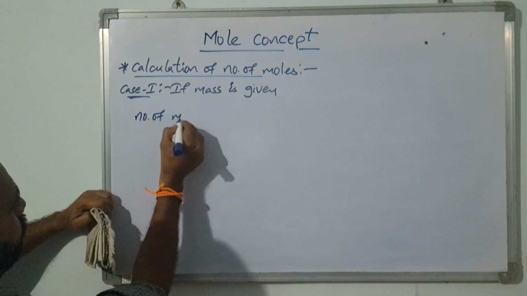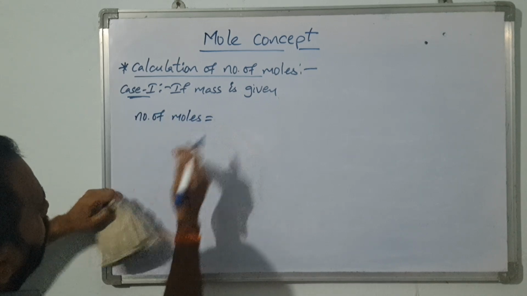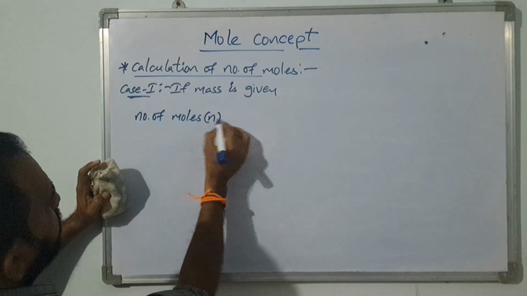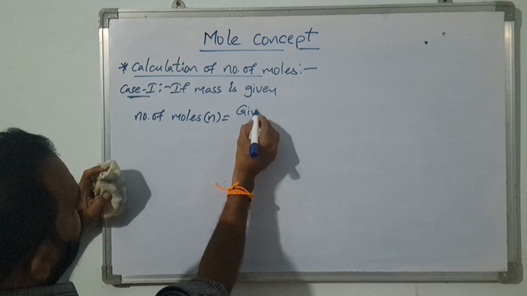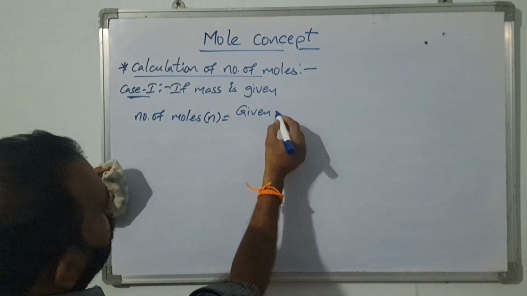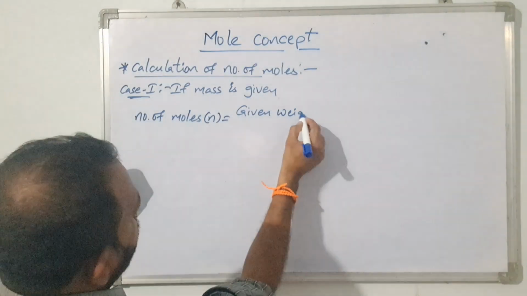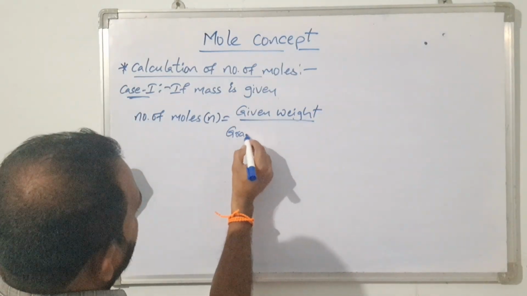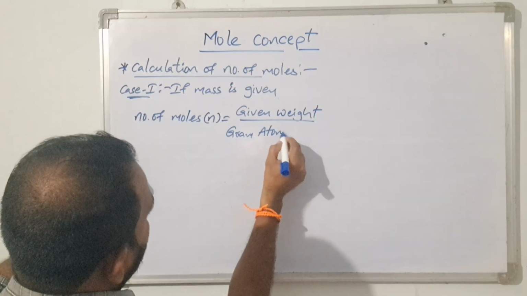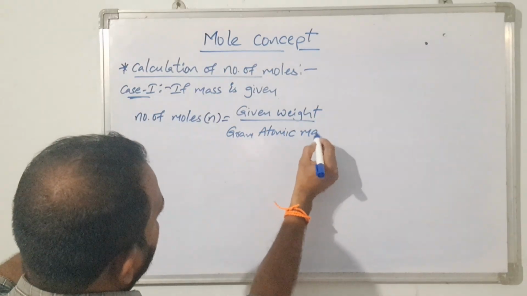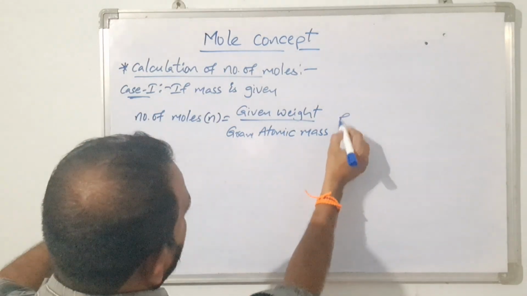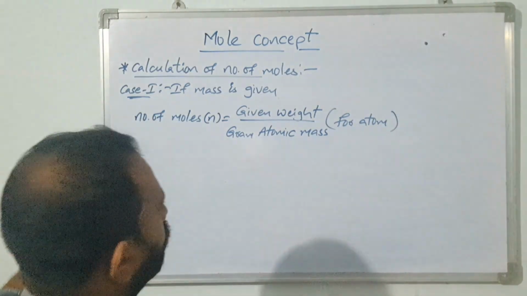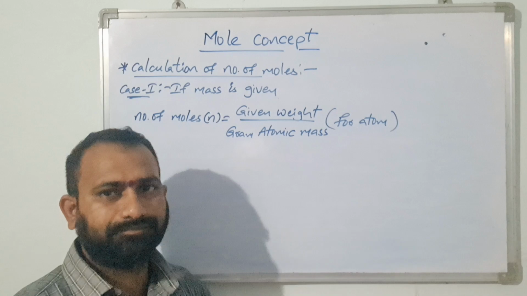The number of moles, denoted by small n, is equal to given mass or given weight divided by gram atomic mass or gram atomic weight. This formula is used for atoms.